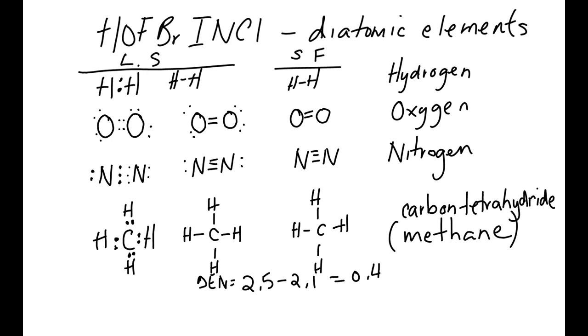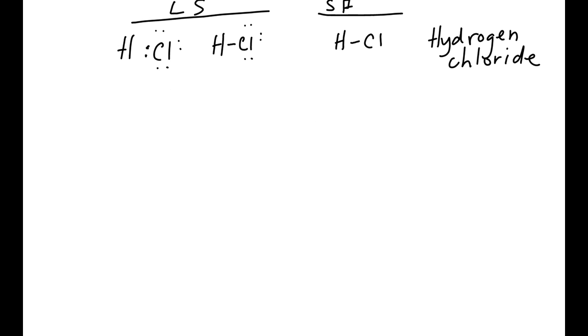Is this polar or nonpolar? Well, you calculate the difference. You look at the bonding continuum. Where does it fall? 0.4. This is nonpolar covalent. Nonpolar covalent. Good call on that, Ruth. Okay.